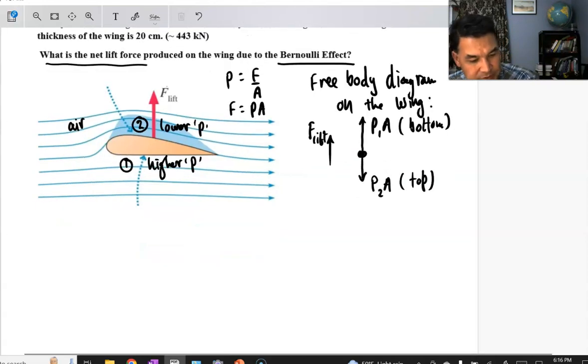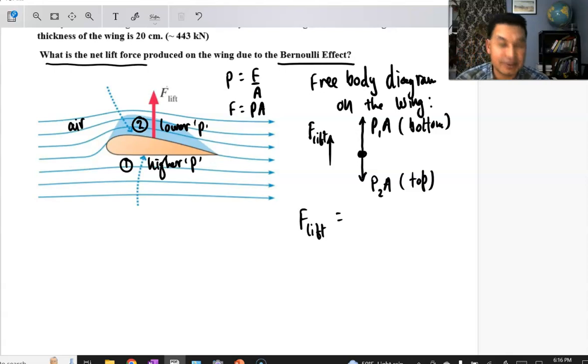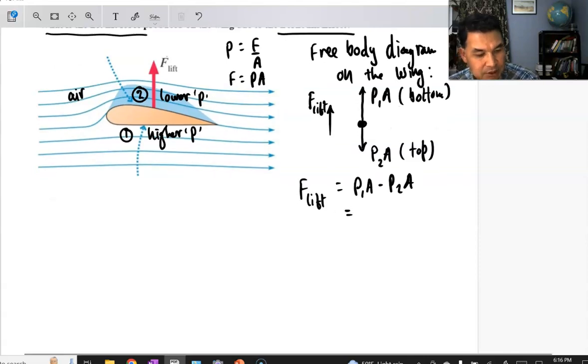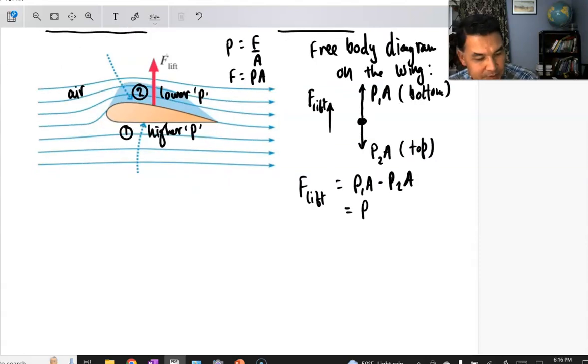So your main equation is that the magnitude of the lift is given by P1A minus P2A, but the area of the wing is common.